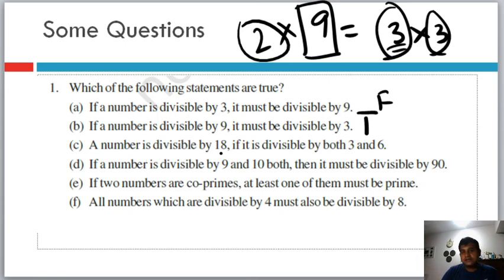If a number is divisible by 18, it is divisible by both 3 and 6. Once again, it is true because what is 18? 18 is basically 6 into 3, and we talked about it.